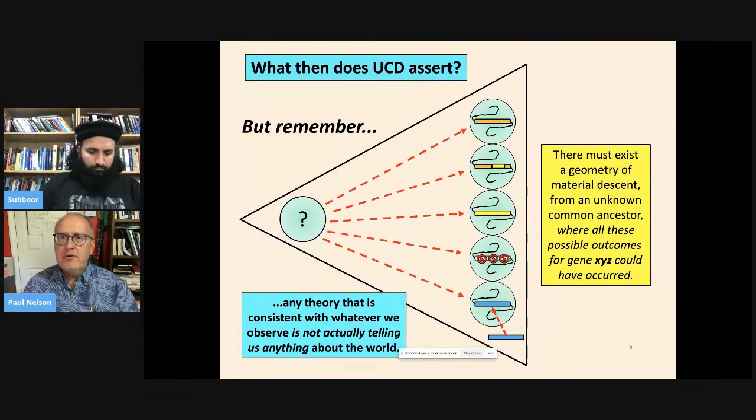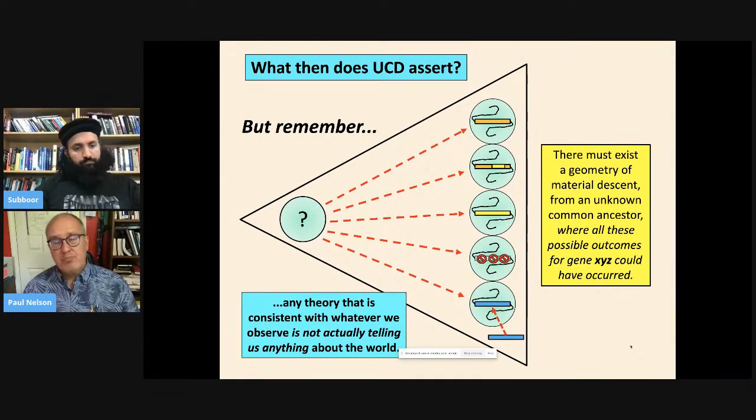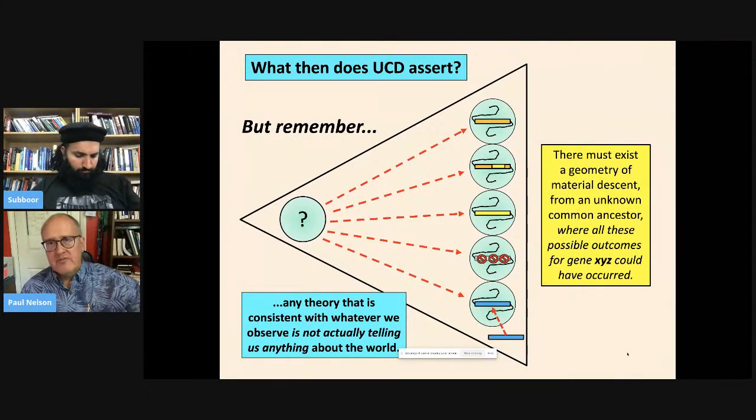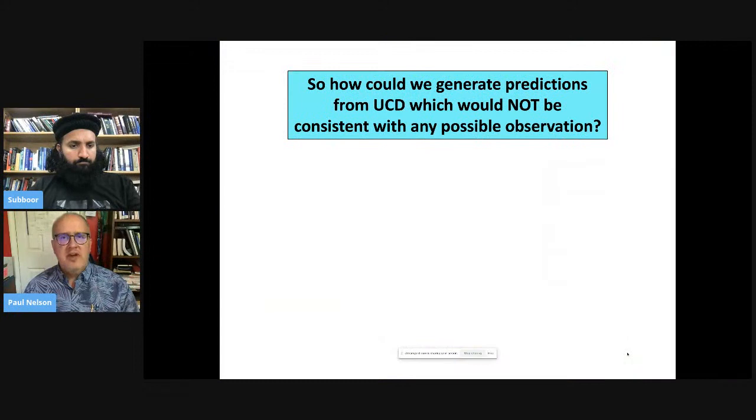So if I have some theory that tells you that whatever you see will be consistent with my theory, it may be true, but you have no way of determining that, right? Because it's consistent with whatever you observe. That's problematic. We want our theories to run the risk of being wrong, making predictions that may turn out not to be the case. That's the only way that we can test.